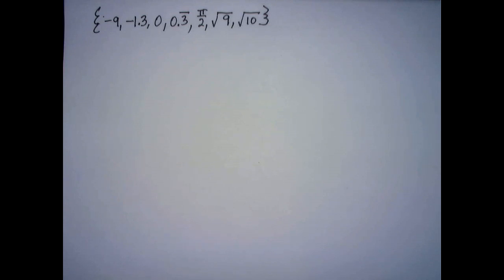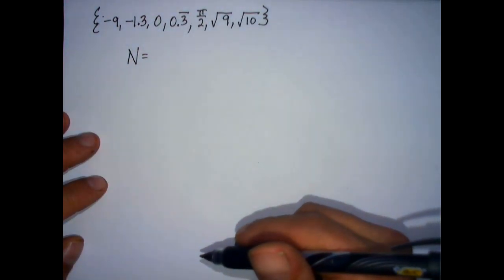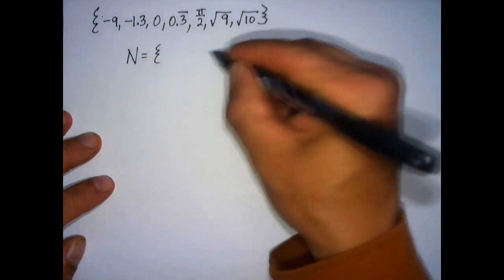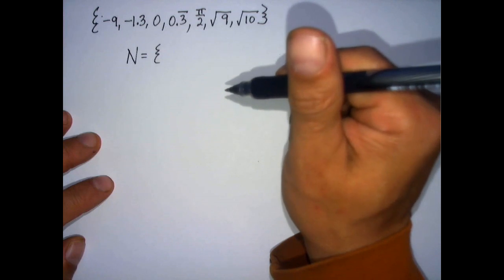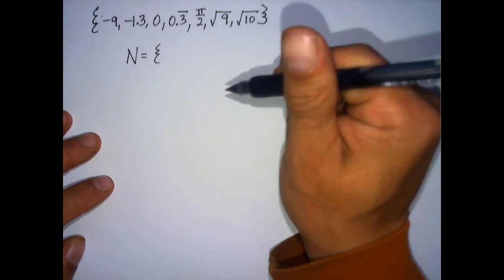So let's start with the natural numbers. Is -9 natural? Is -1.3 natural? Is 0 natural? 0.3 with a bar over it. Pi over 2. Square root of 9.